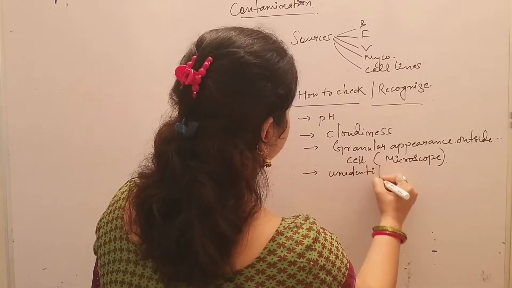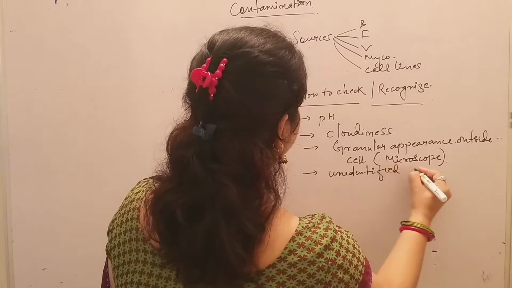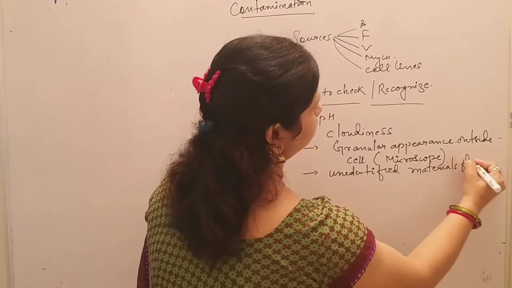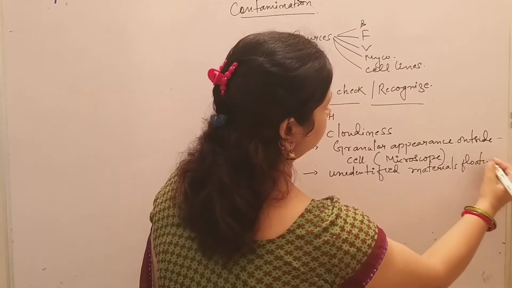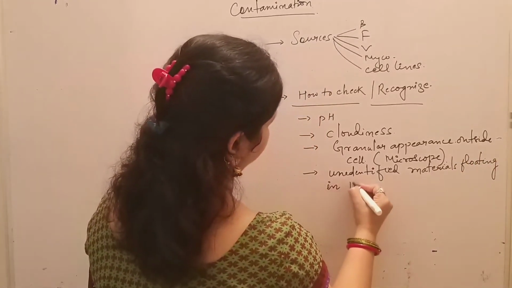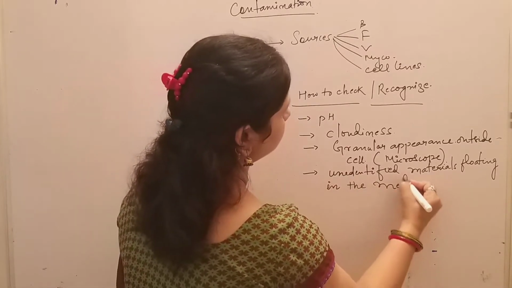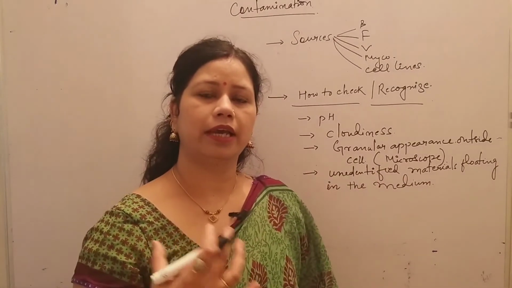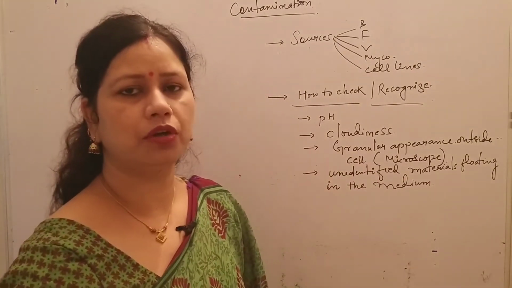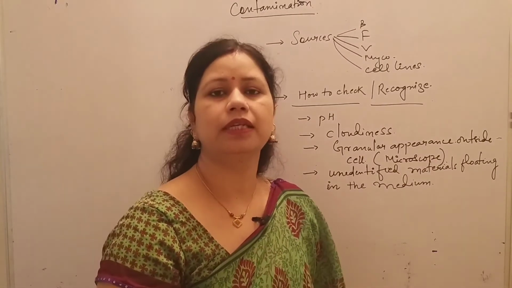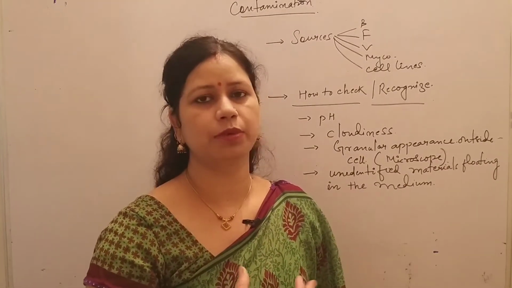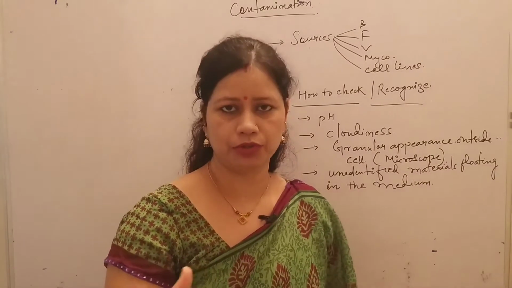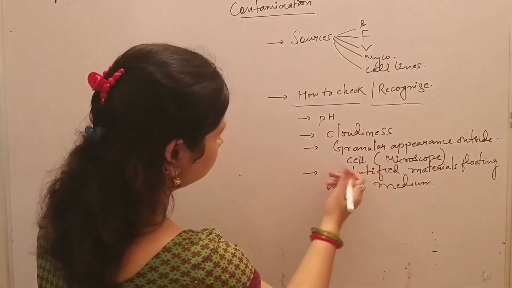Unidentified materials floating in the medium. By observing these signs, we can become sure that there is contamination, and we should detect it by various specific, sometimes very sensitive and powerful, reliable techniques, which I am going to discuss after some time.